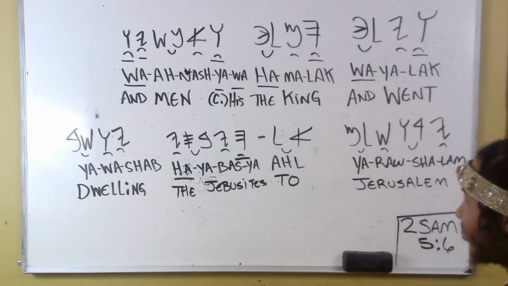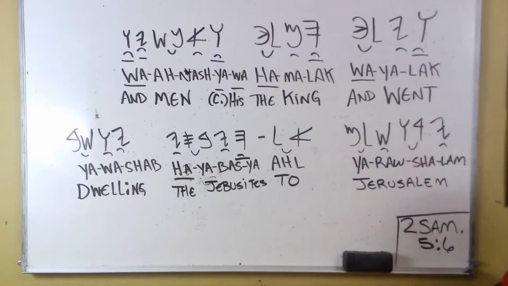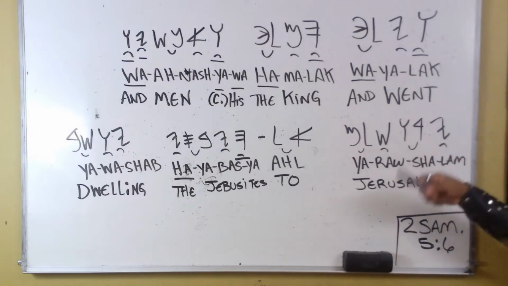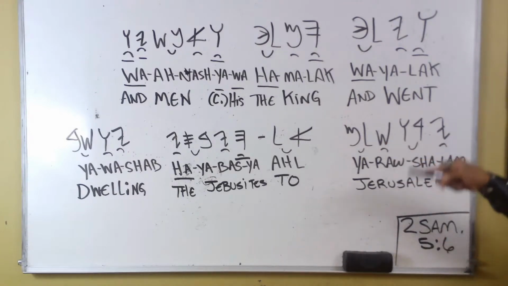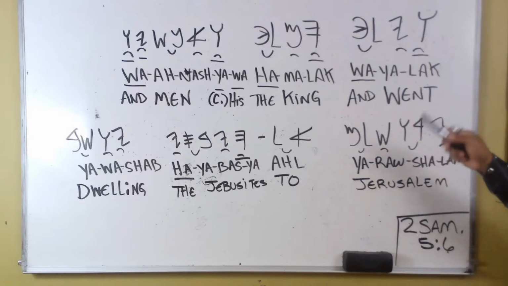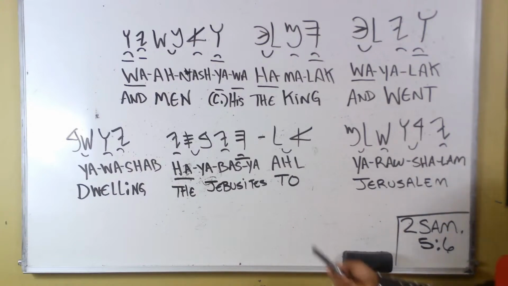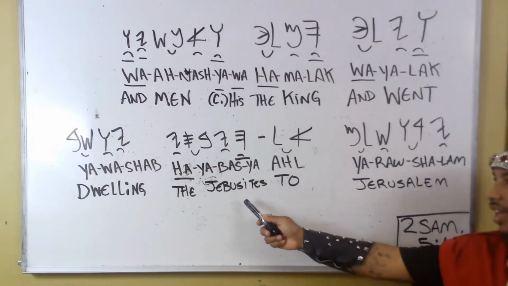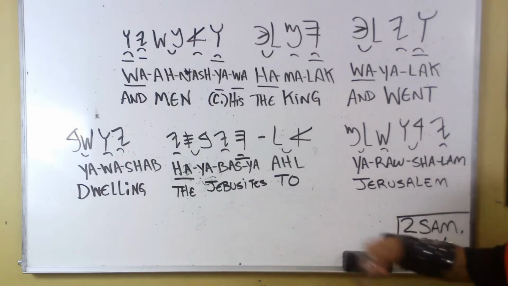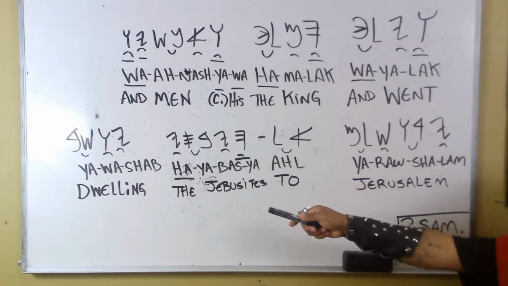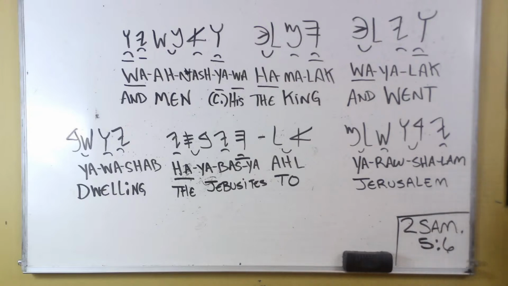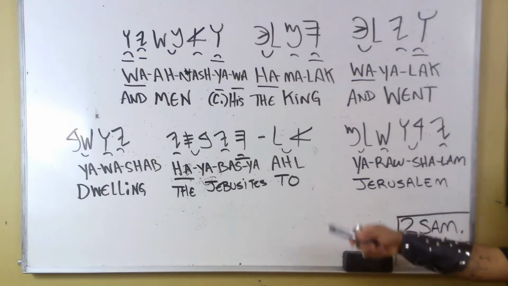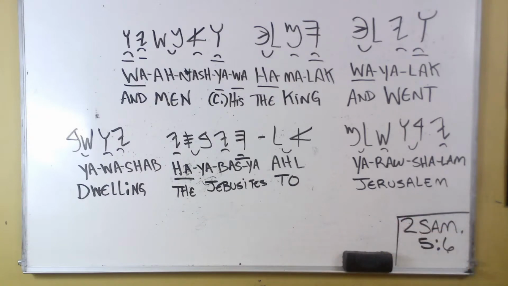Let's keep going. So, Wayalak and when Hamalak the king, Anashua and his men, Jerusalem, Al to Hayabasia, the Jebusites, Yahushua dwelling. And went the king and his men to Jerusalem to the Jebusites dwelling.